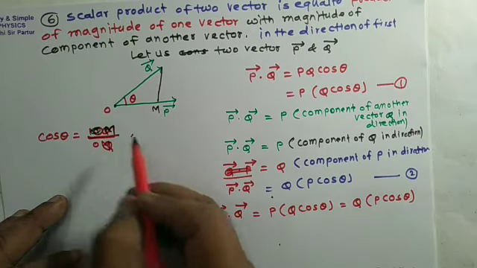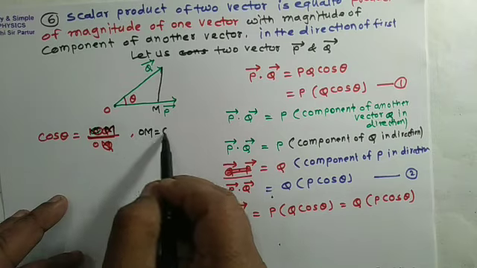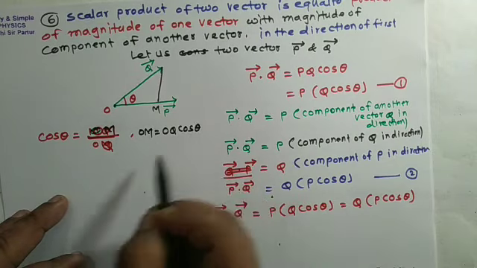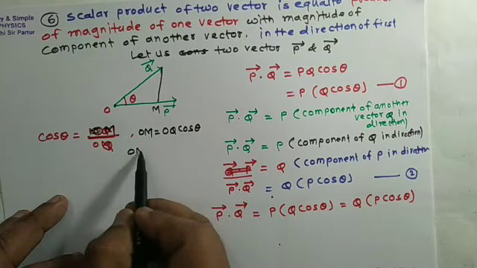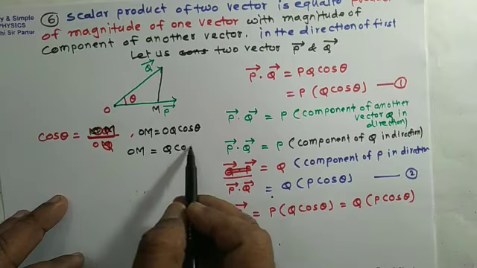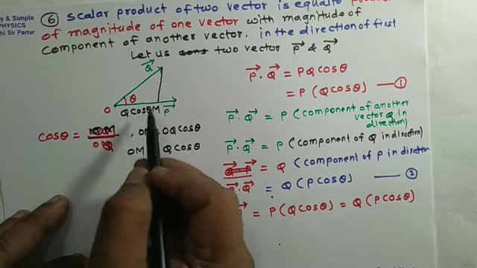So we can determine OM. OM is equal to OQ cos theta. So OM will be Q cos theta.